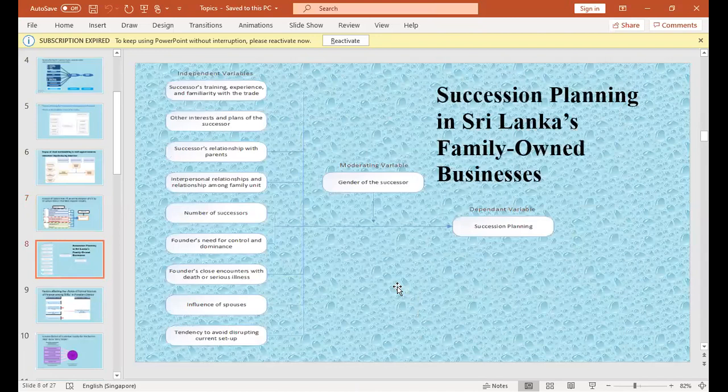What about this? We're looking at those family-owned businesses, let's say in the second, third generations. What do you think?